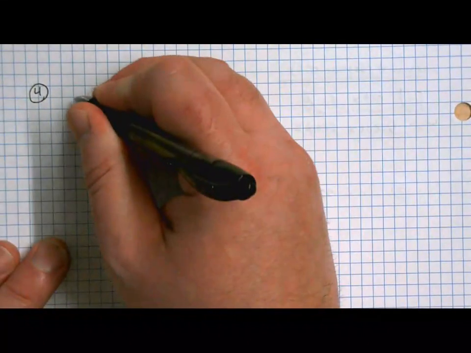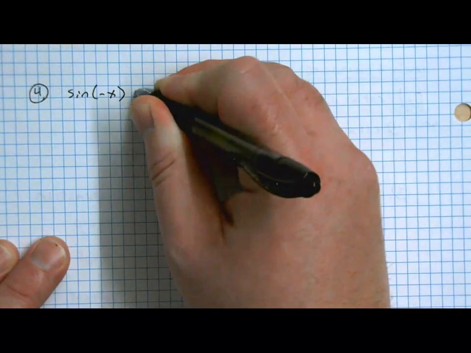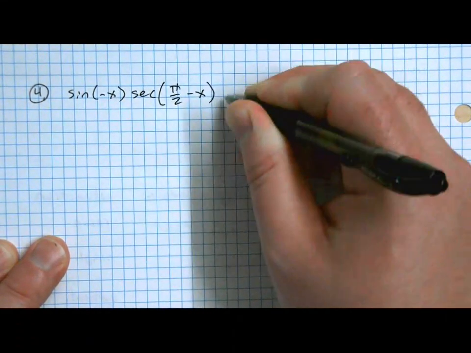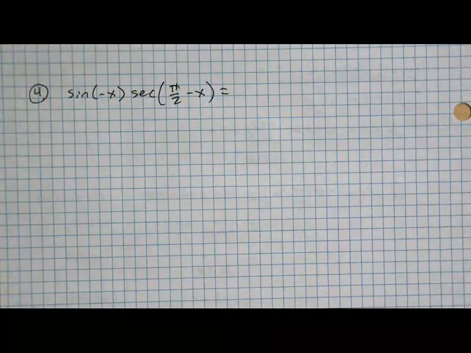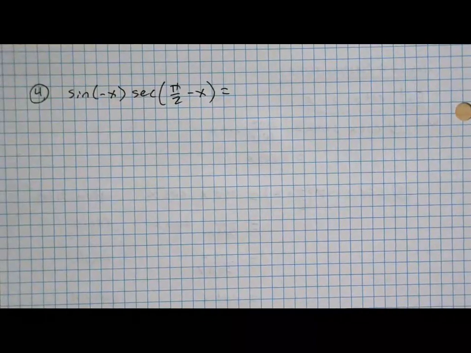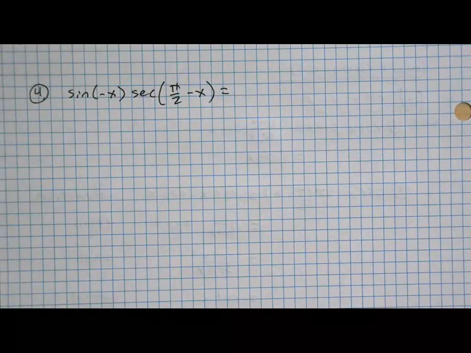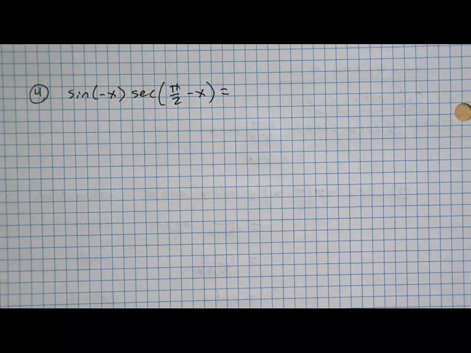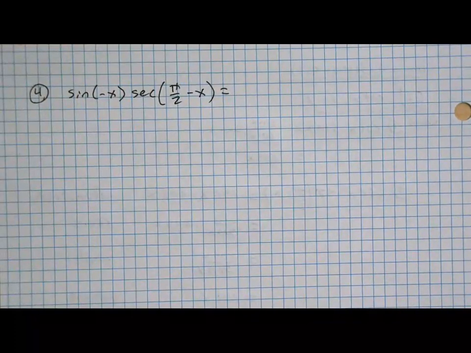So, all right, let's start this off. We got sine of the opposite of x times the secant of pi over 2 minus x. And we're going to try and simplify this as much as possible. I'm already seeing 2 different possibilities for starting off, 2 different categories of identities that we could jump into.